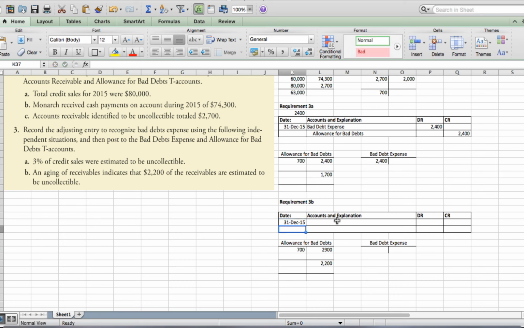You still have a debit to bad debt expense, and you still have a credit to allowance for bad debts. Okay? And we figured out that we need $2,900 of a credit in this account to get us to our target. So that means the number that goes into this journal entry is 2,900.